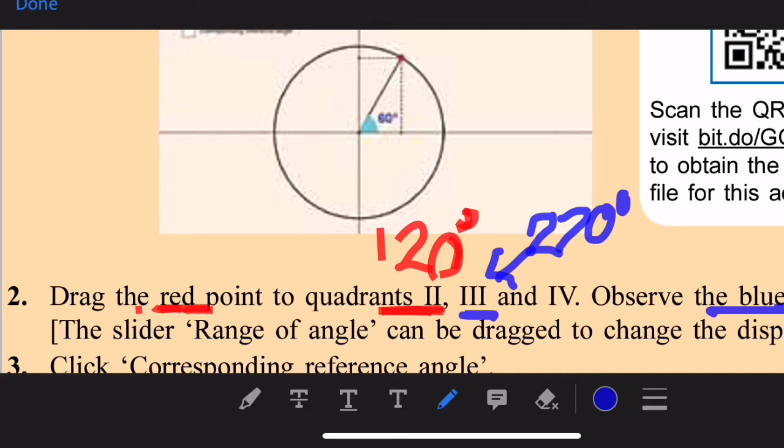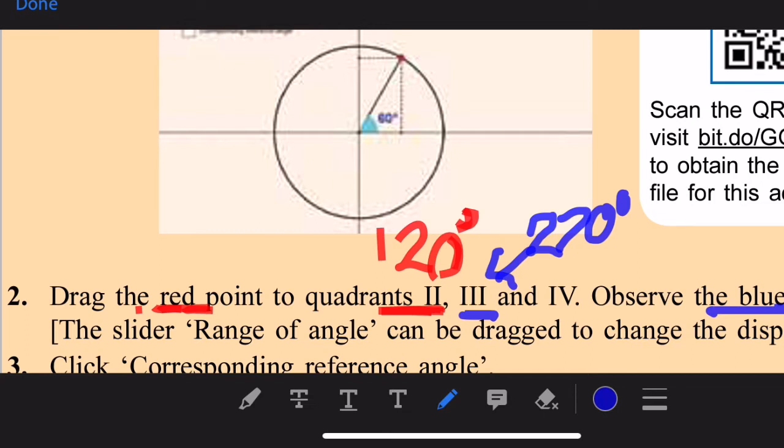Then let's say you shift to quadrant 2, whereby the blue angle now is 120 and the green one is 60. The green angle 60 is the reference angle, the blue one is 120. That means 60 degrees is still the reference angle, but the corresponding angle in the second quadrant is 120.